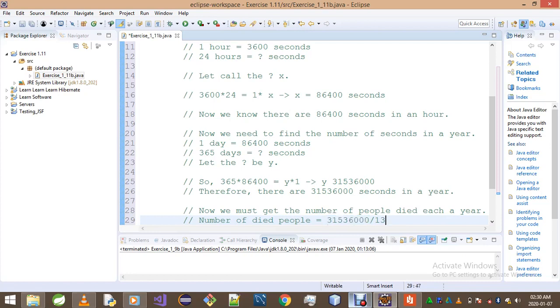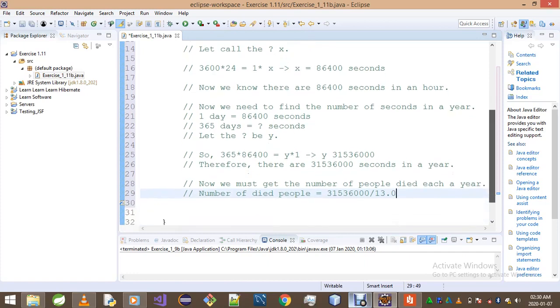Look at this, you folks. I decided not to use 13.0 because we only need a whole number, so there's no way you could possibly get an answer of, for instance, 20.5 people died each year. It wouldn't make sense.